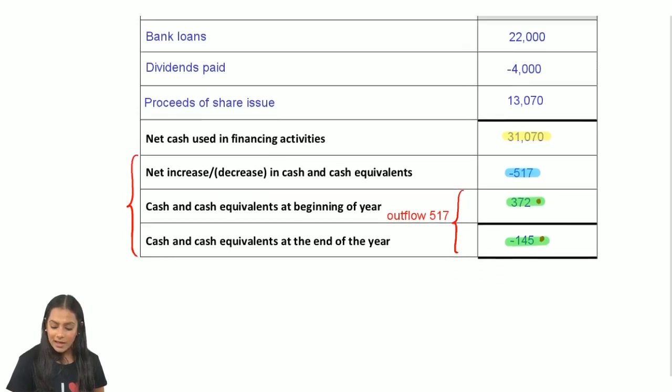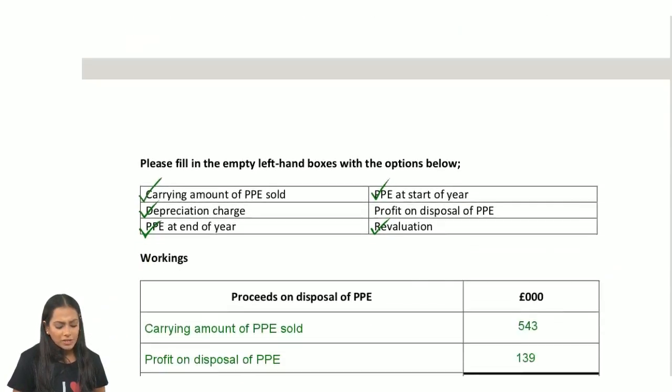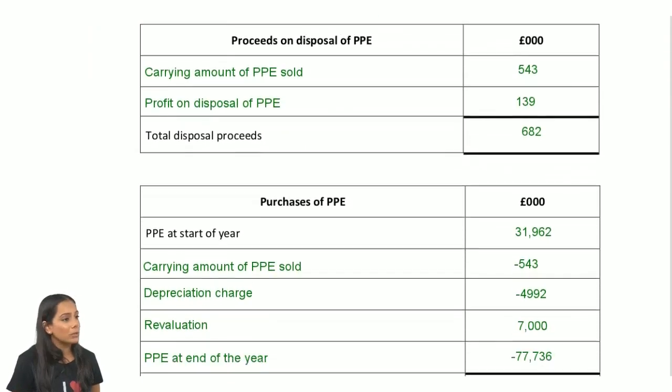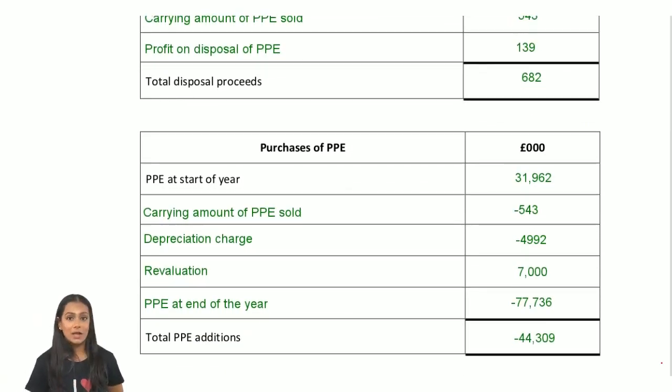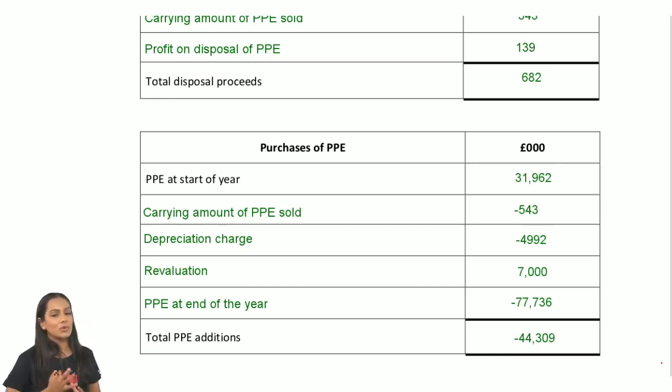The workings here and the drop-down list will provide you with immense clues on the build-up of these calculations. And it's your task to show the examiner that you're able to do such questions in the real thing. Why not go onto the AAT website and have a go at their sample assessments? They're designed to mimic the real thing. And if you can do these questions now, imagine what you can do on the day of the exam.